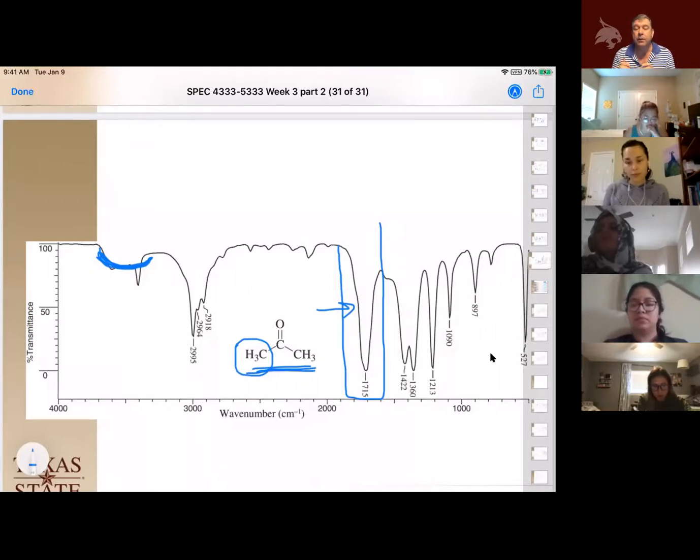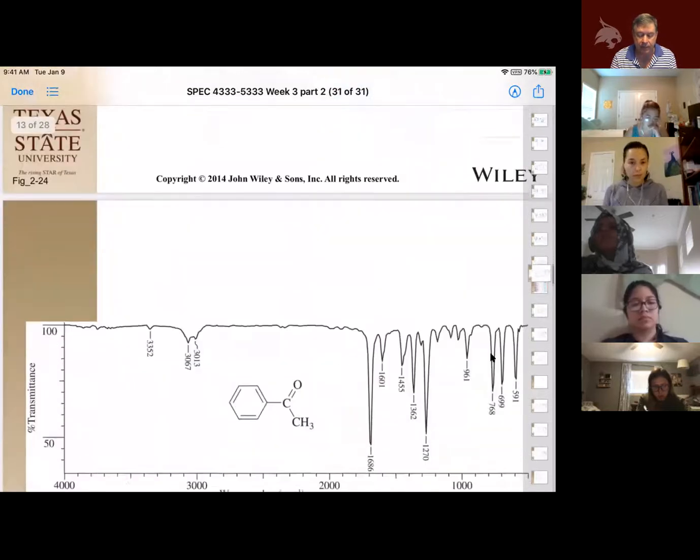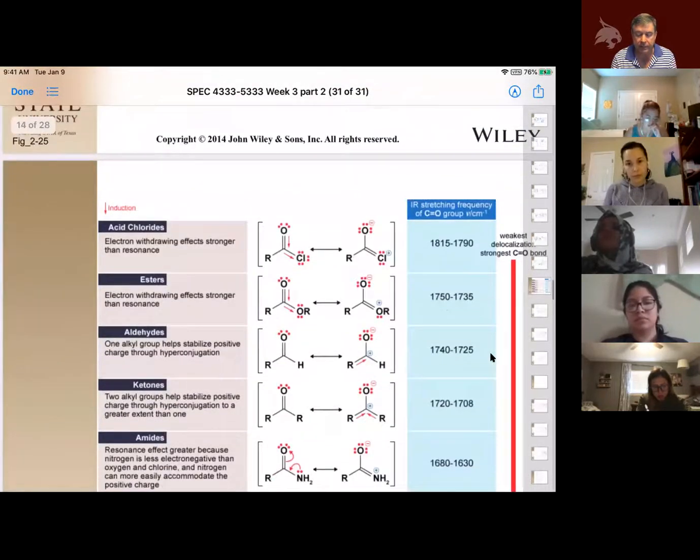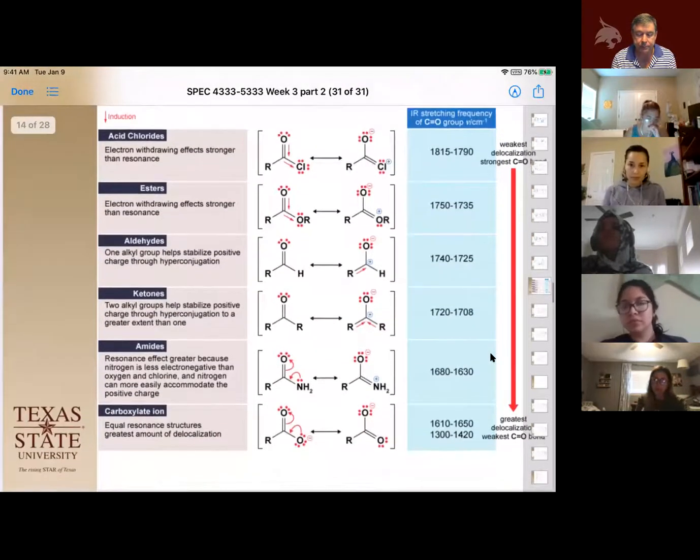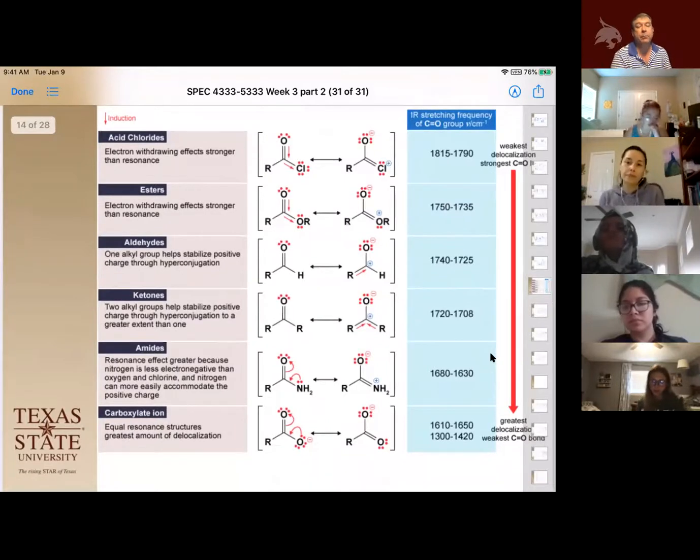And so what we can do is start to say, oh, it might be this because it's shifted higher or lower in the band. And that table is the next one here. I actually stole this from a different book. It's not in our book. But it gives you a really cool idea about where to look for these carbonyl frequencies by functional group.